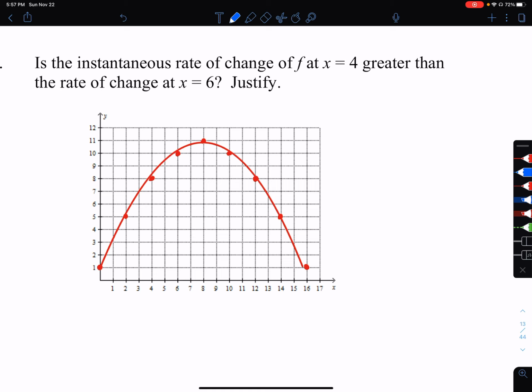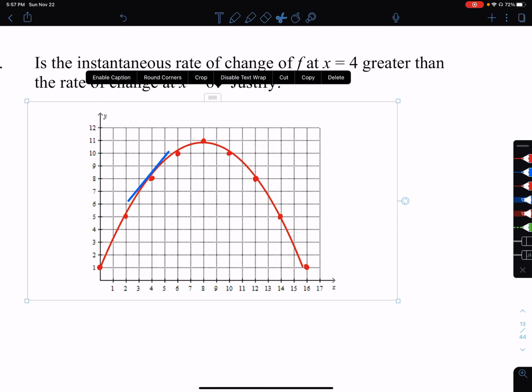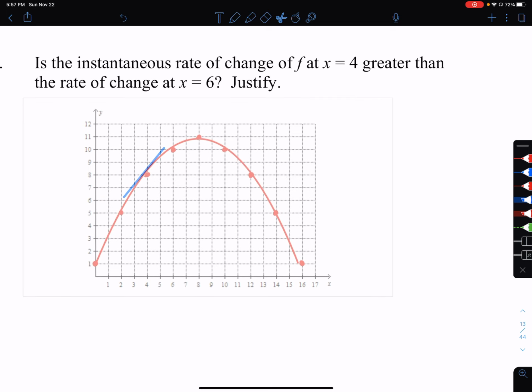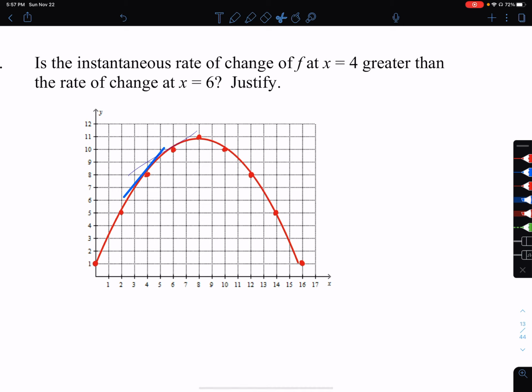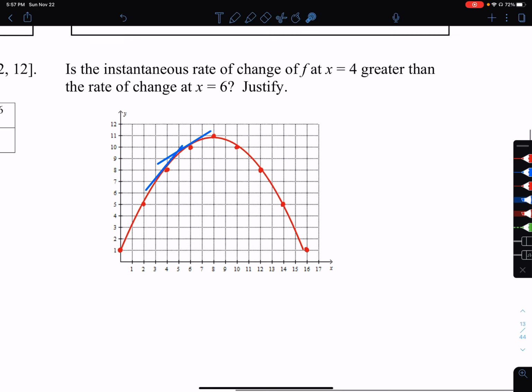Well, at 4, which would be right here, if we draw a tangent line at 4, that tangent line represents the slope that 4 would be. Slope of the tangent line represents the slope of the curve at 4. If you find the slope at 6, sorry about that, it would be a little bit more like this. This tangent line doesn't have as near as big a slope as f of 4.